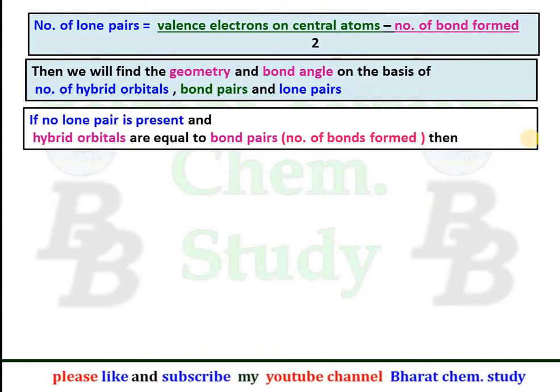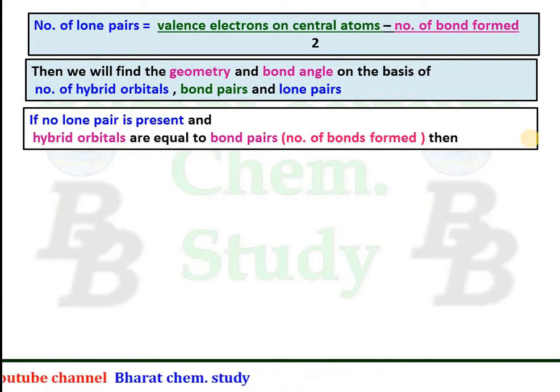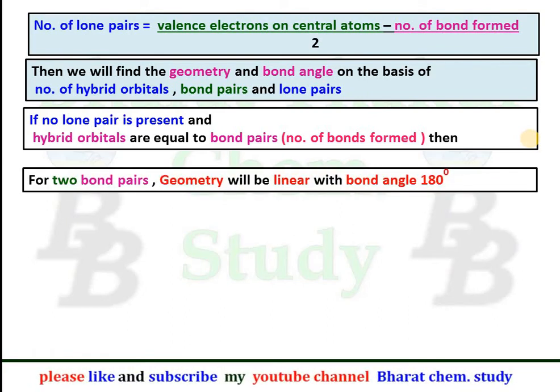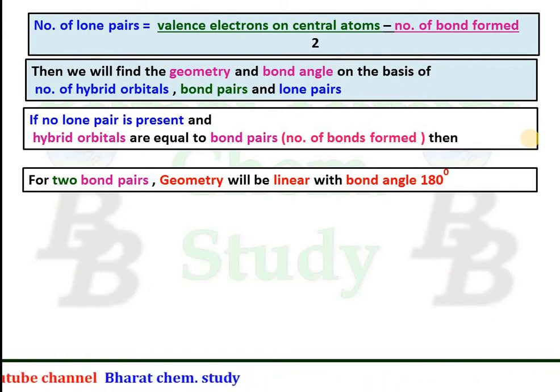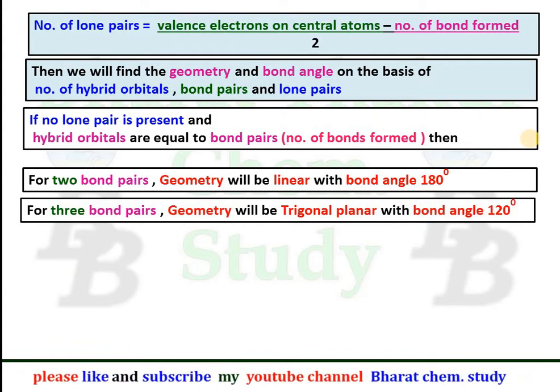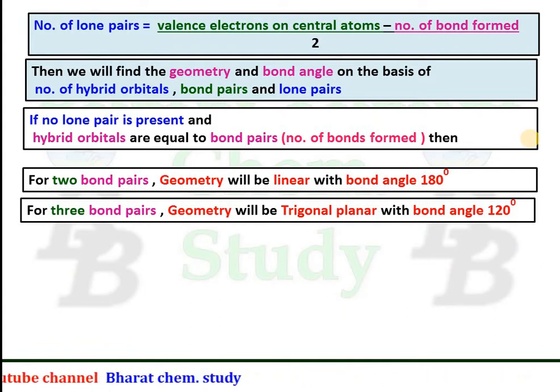If no lone pair is present and the hybrid orbitals are equal to the bond pairs, that is the number of bonds formed, then for 2 bond pairs the geometry will be linear with bond angle 180 degrees. For 3 bond pairs, the geometry will be trigonal planar with bond angle 120 degrees.